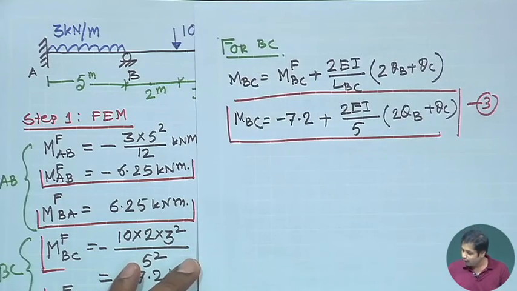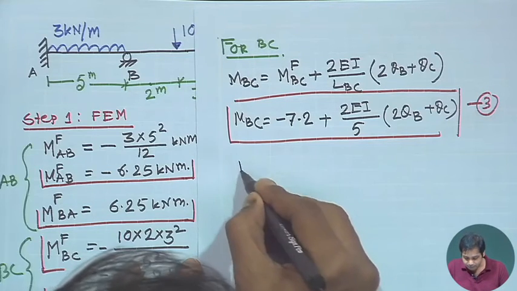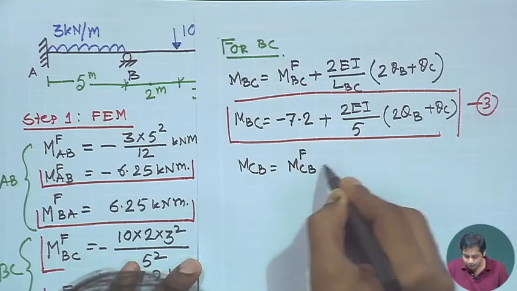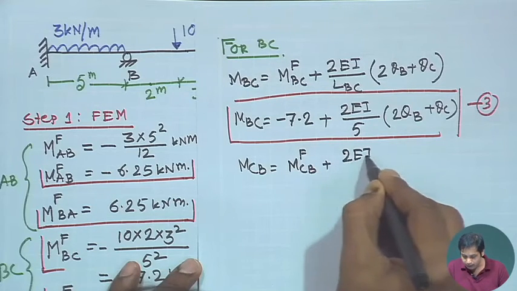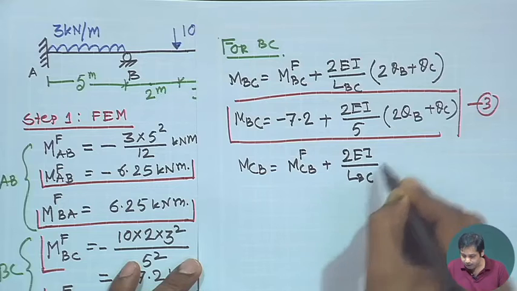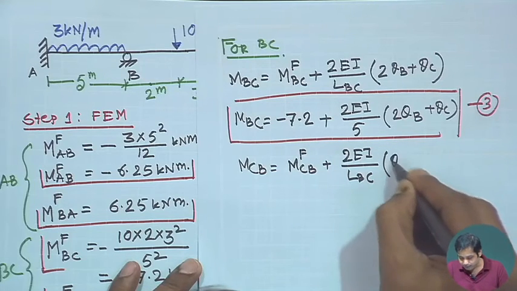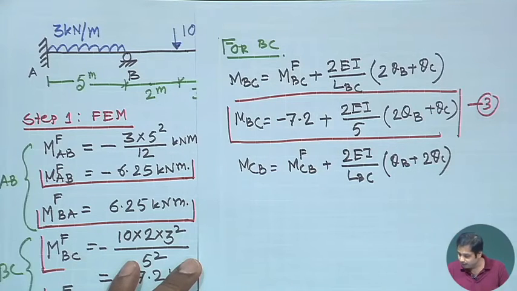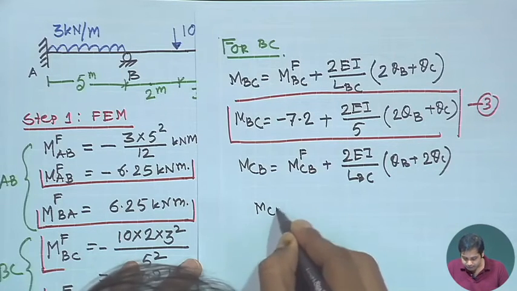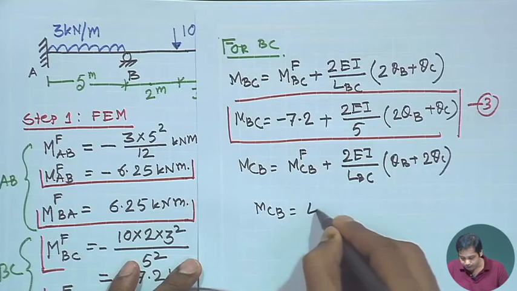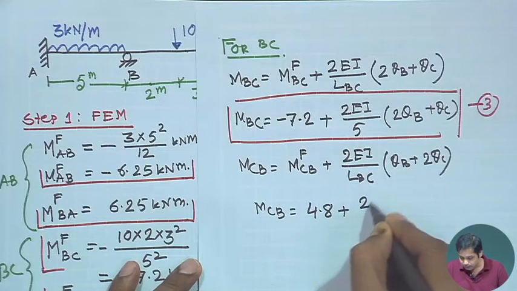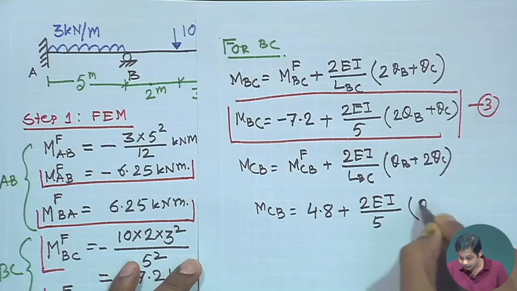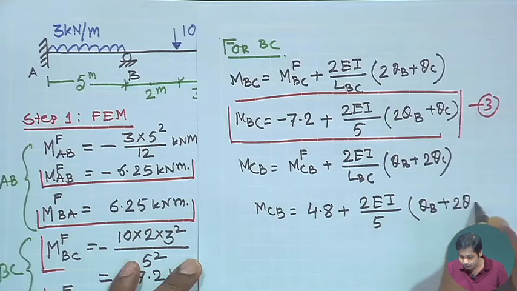Now, let us do it for MCB. MCB is MCBF plus 2EI by LBC into (theta B plus 2 theta C). You can do it in matrix form as well. This becomes MCB is equal to 4.8 plus 2EI by 5 (theta B plus 2 theta C).